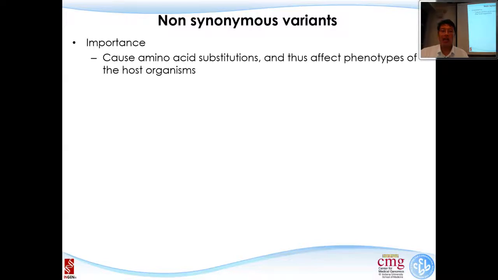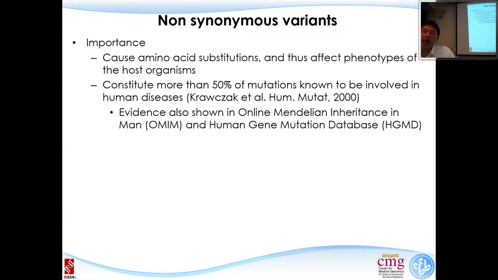Okay, so now let's discuss a little bit more on the bioinformatics prediction side. It's very possible that many of these variants are called non-synonymous variants, which means the nucleotide change will cause amino acid sequence changes. They are normally considered very important. They constitute more than 50% of mutations known to be involved in human disease, based on various databases.